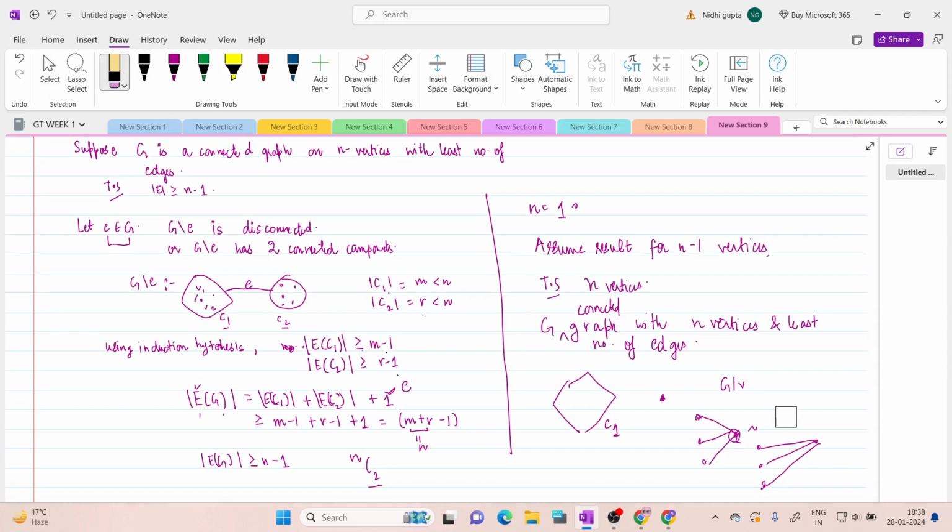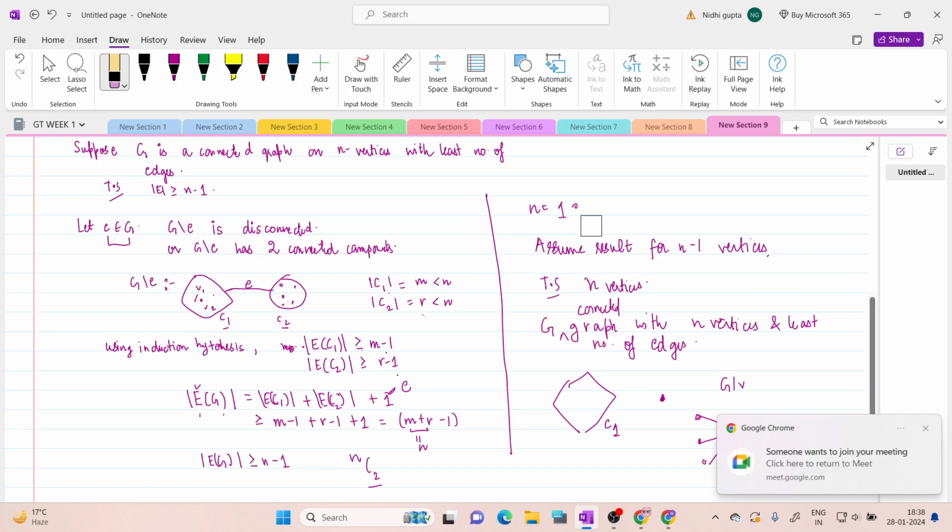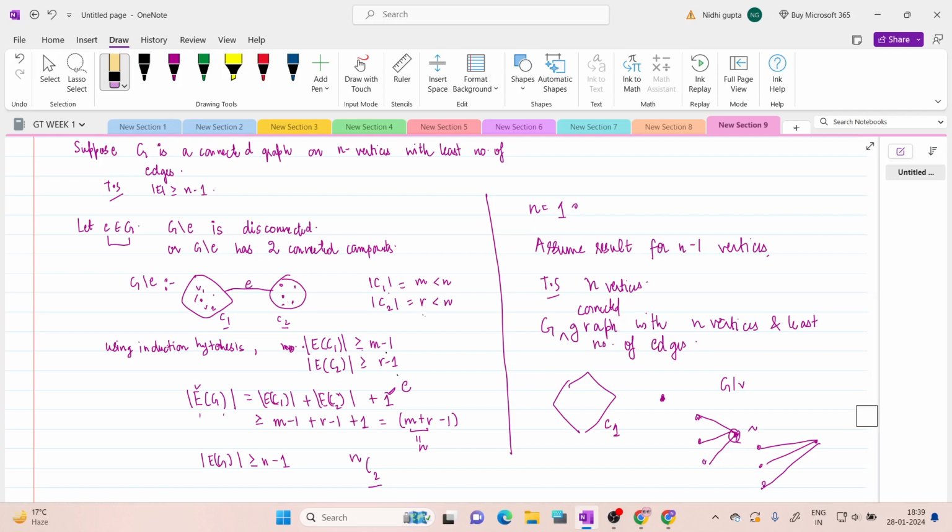I'm saying the normal induction is not working in this scenario because, if we want to use normal induction, we have to guarantee that if we remove one vertex, then the graph on n minus 1 vertices should be connected. But in this case, if we remove this vertex, this C1 won't be connected, right? So we can't apply the induction argument here.